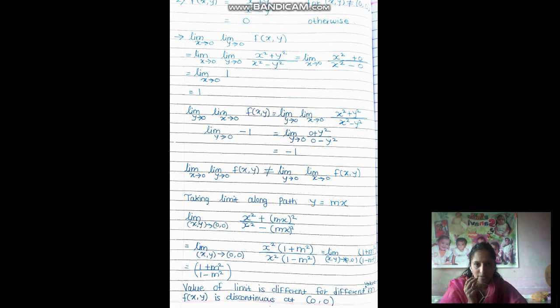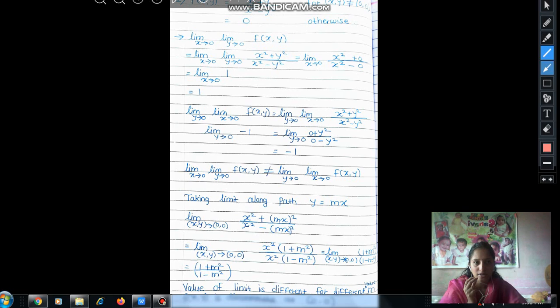First we calculate limit x tends to 0, limit y tends to 0 of that function. The inner limit is y tends to 0. Putting y equal to 0 in this equation, only x square upon x square remains, which is 1. That is, the limit as x tends to 0 is of the scalar 1, so the number is 1. Now limit y tends to 0, limit x tends to 0, f(x, y).